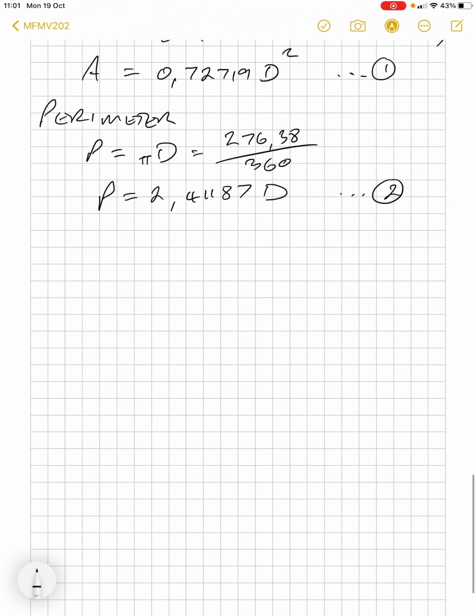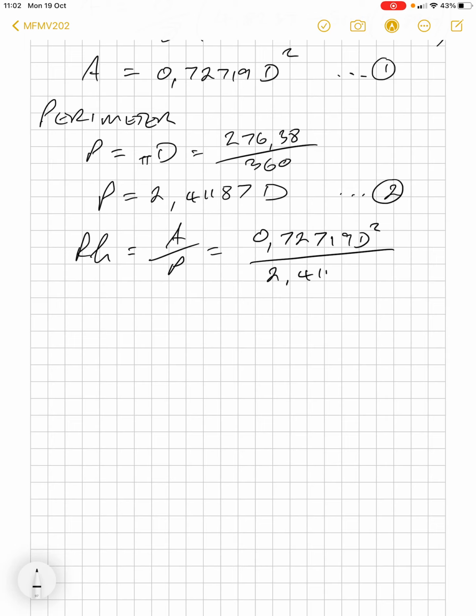So that's another equation, and RH, hydraulic radius of the pipe, is equal to area over perimeter, or 0.72719 d squared over 2.41187D. That would give us 0.3015D, the third equation.